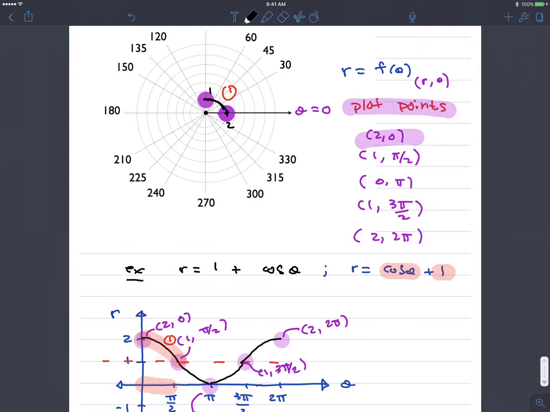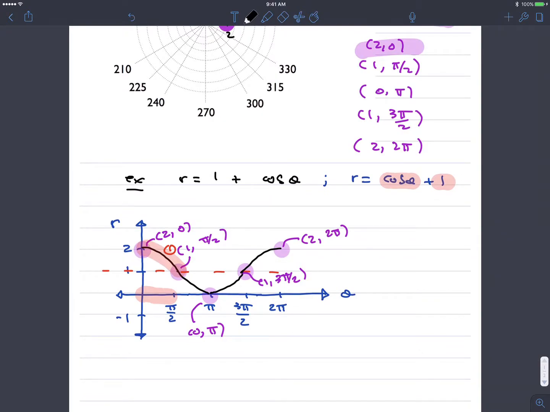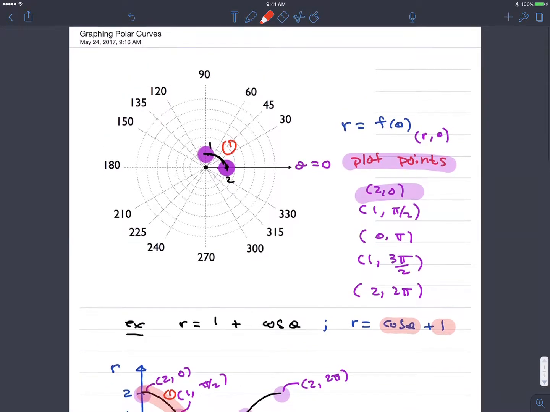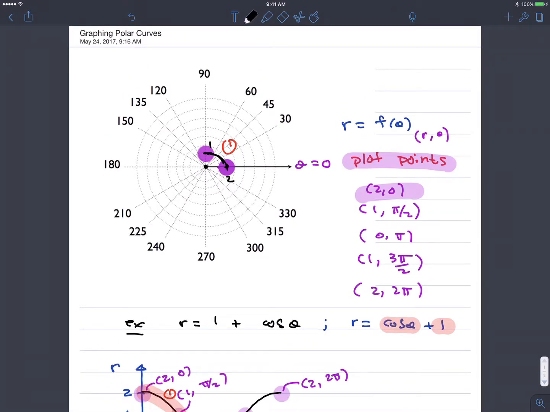Now, in the second quadrant, if you said to me, we're going to plot this point down here, 0, pi. Where is 0, pi? Does anybody want to tell me where 0, pi would be? Well, 0, pi as a point, it's, what is it? Yes, it's the origin, it's the pole.